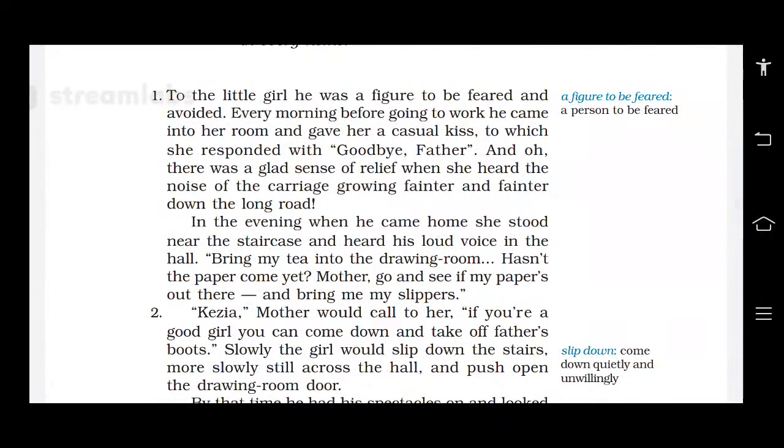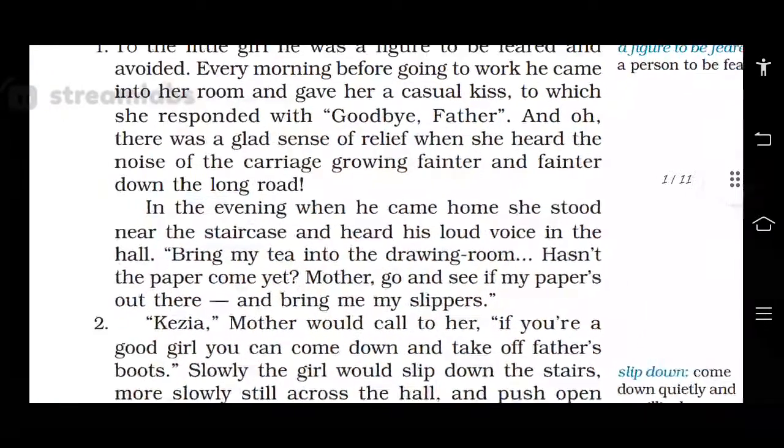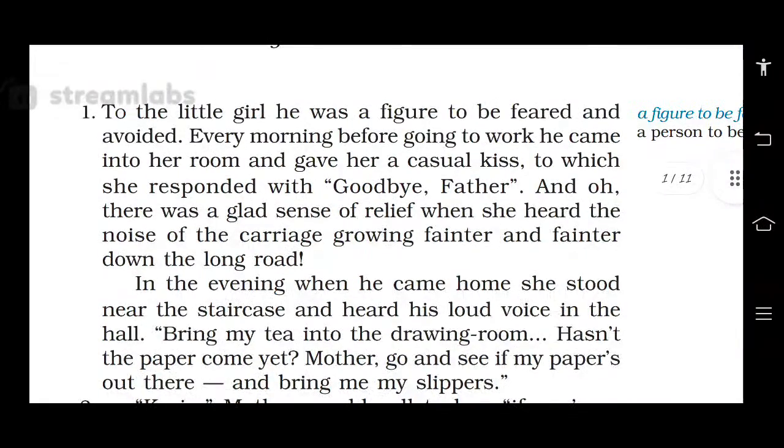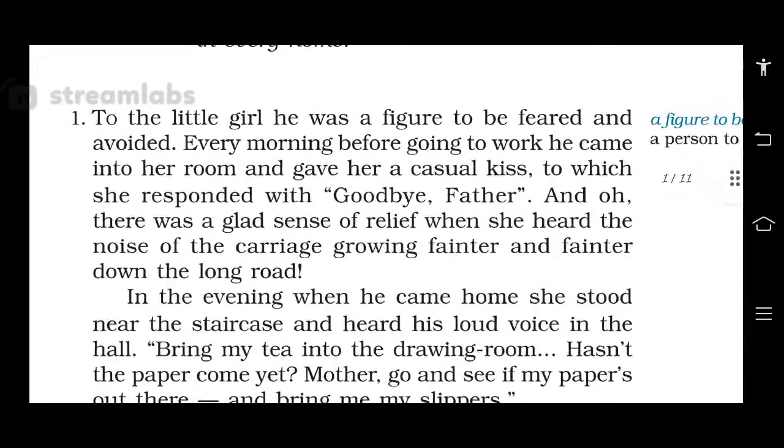Look at the screen. On the screen, I have shown you what we discussed in the earlier part. To the little girl, he was a figure to be feared and avoided. Every morning before going to work he came into her room and gave her a casual kiss, to which she responded with "Goodbye, father."